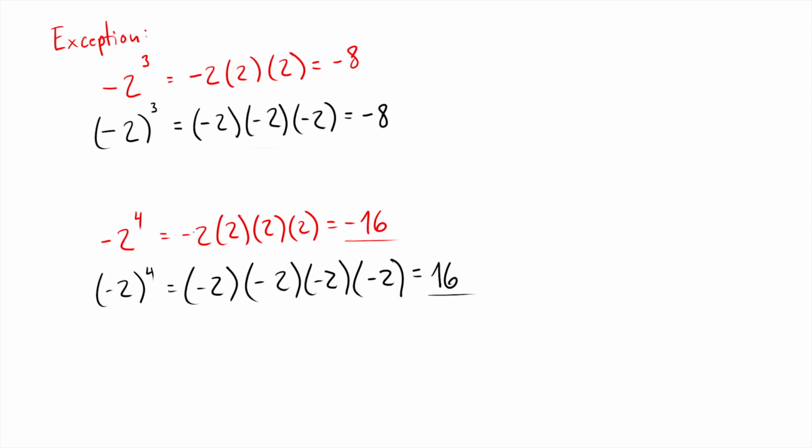If you have only one negative number being multiplied by only positive numbers, you will always get a negative number: a negative times a positive is a negative, and then a negative times a positive is a negative, and so on until you're done multiplying. So this is your exception to negative bases. Again, you shouldn't see this too often in math, but if you do, just remember it and keep an eye out for it. So that's everything for this video.